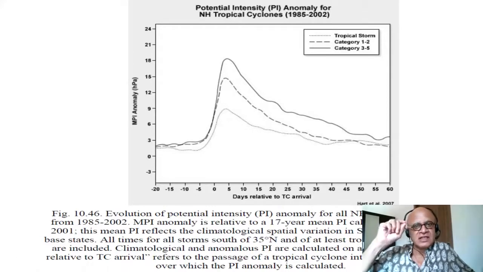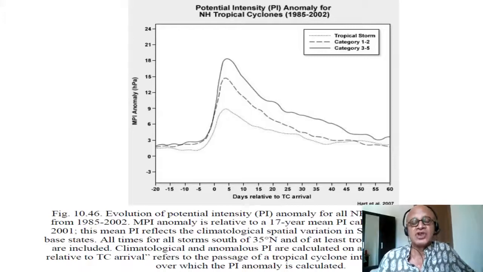So in that sense, the steering winds are determined by the cyclone itself affecting the steering in combination with the environmental winds.